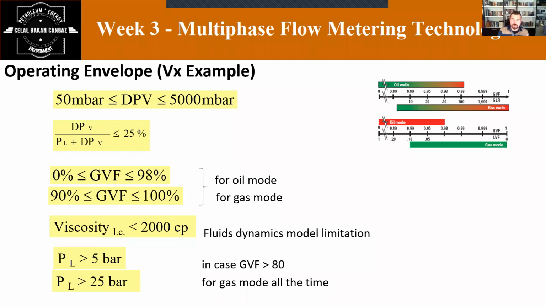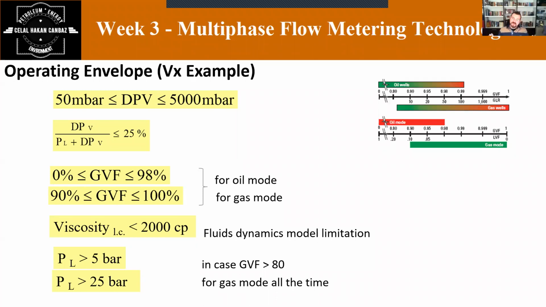If you start to produce more asphaltene and heavy components, of course it will create some error percentage in your rate results. So this has to be lower than 2,000 centipoise. This is the fluid dynamics model limitation. Another thing, your line condition, line pressure.